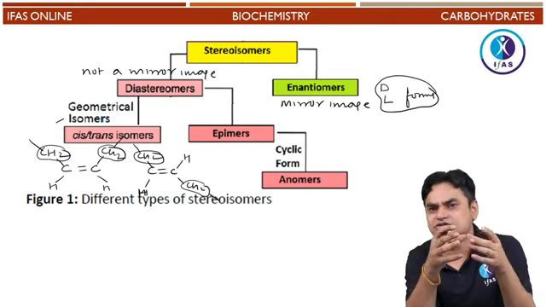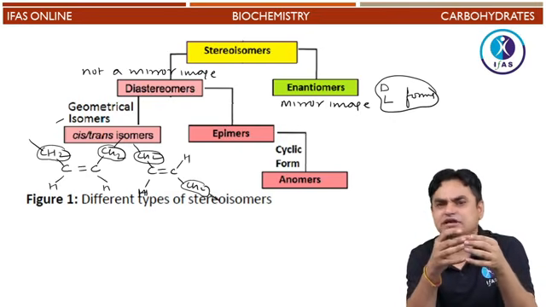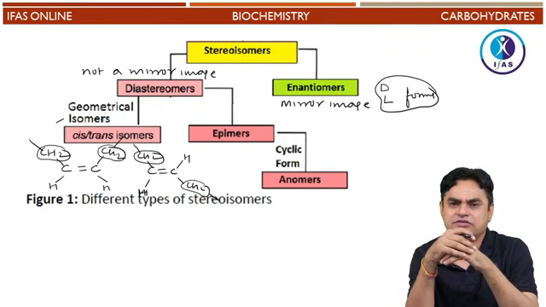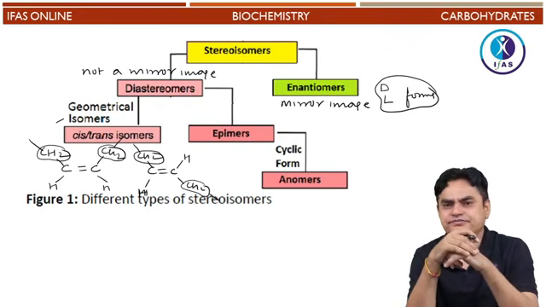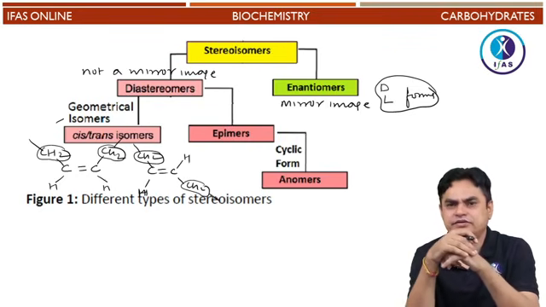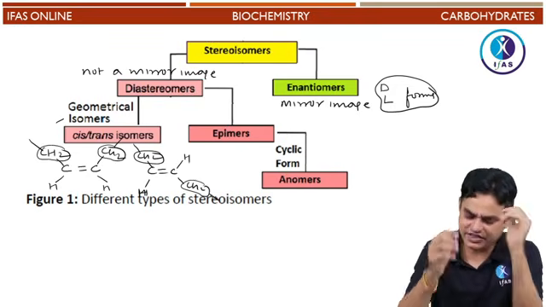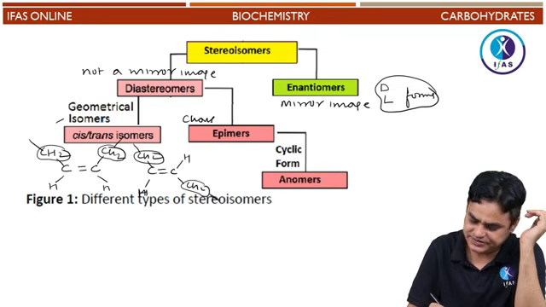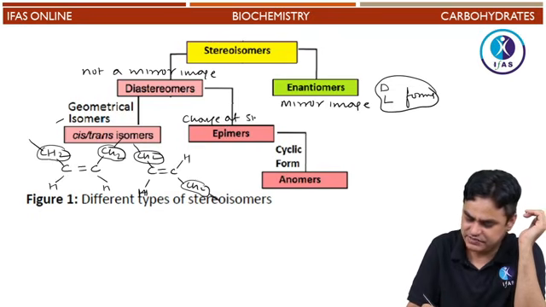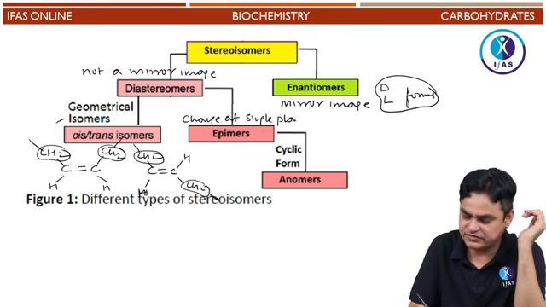The diastereoisomers in carbohydrates could be epimers. Epimers are a special class of diastereoisomers where there is a change at a single place. We will come to this point.